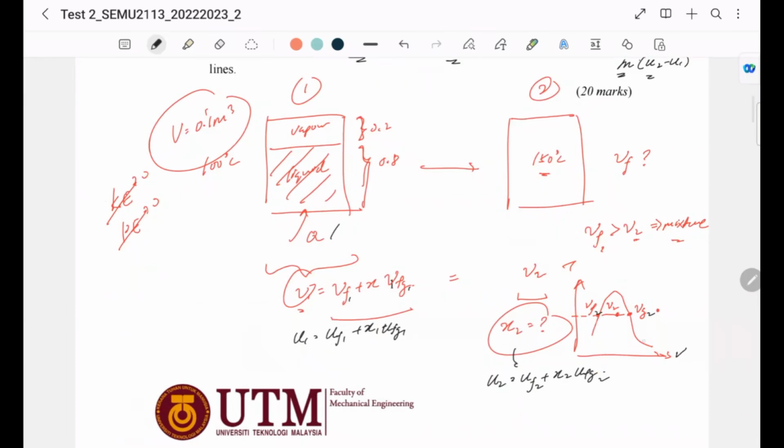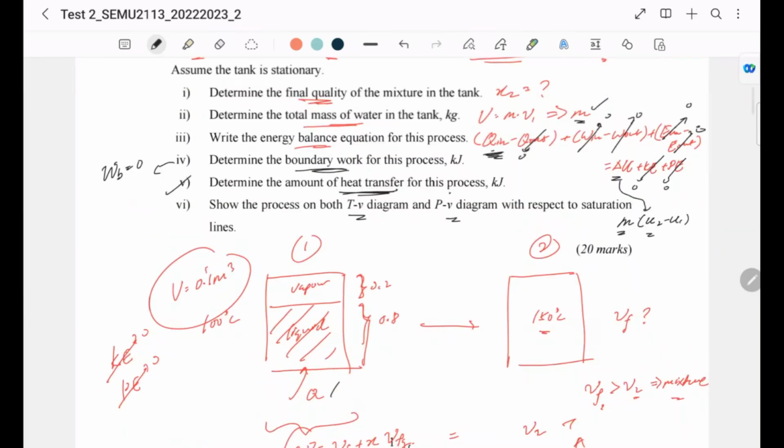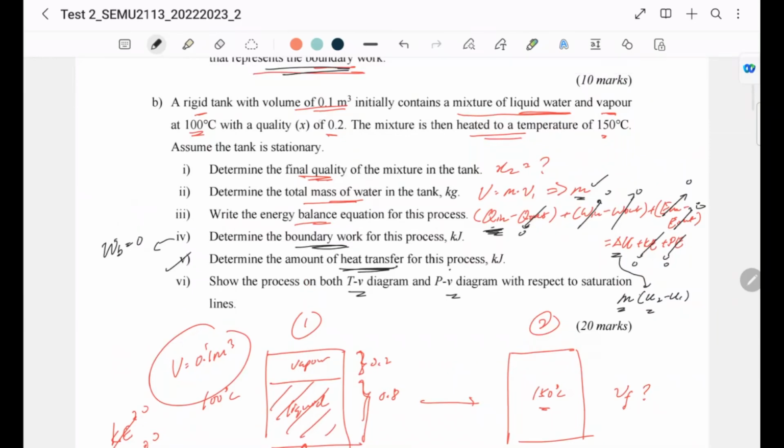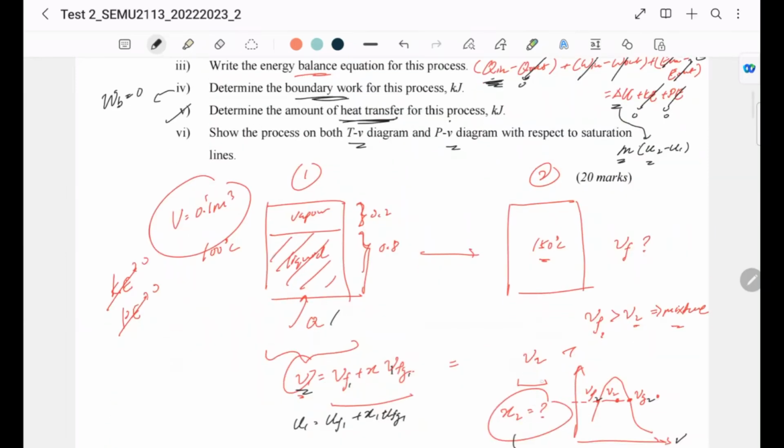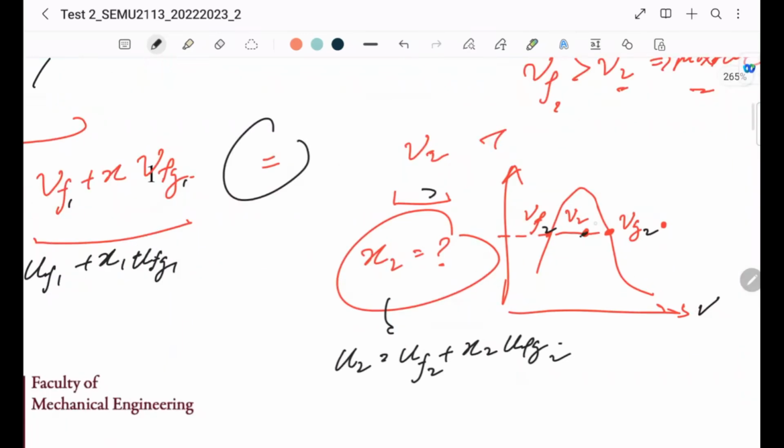Tv diagram. So what happened is the volume is constant. Specific volume is the same. So this is number 2. Number 1 is really from here, because volume is constant.